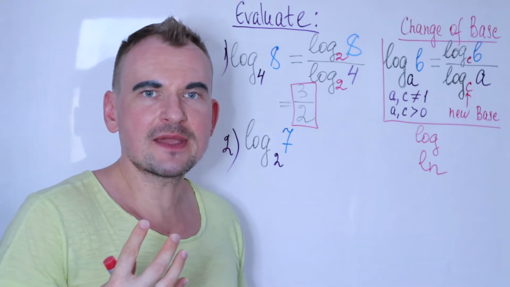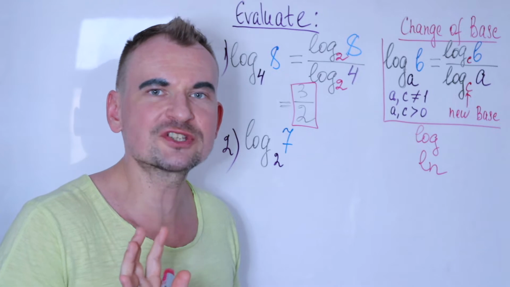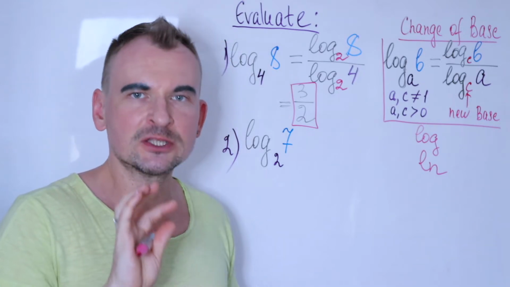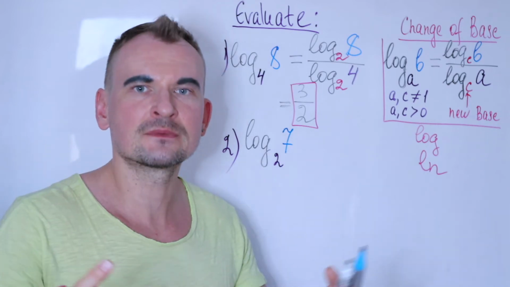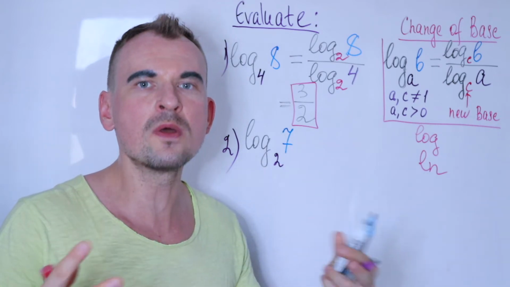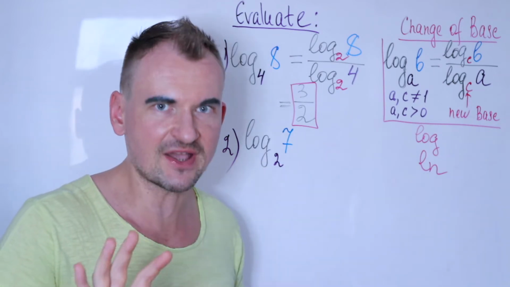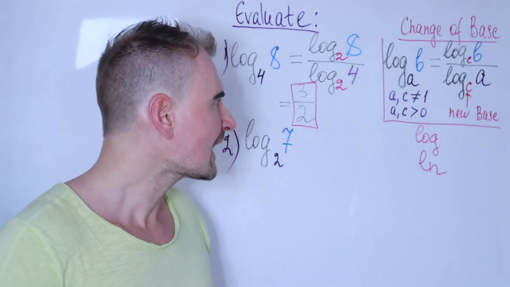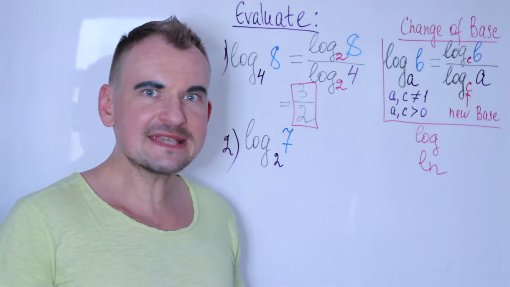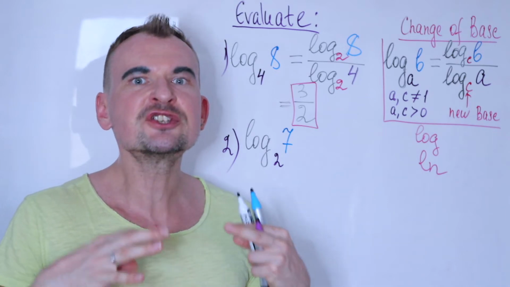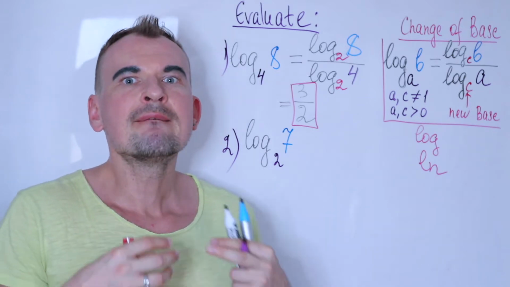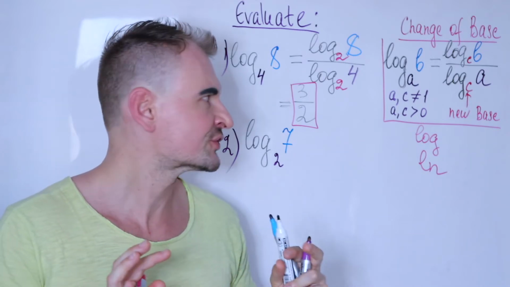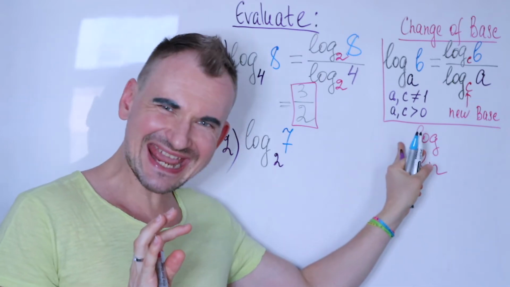It's a special number in maths, approximately 2.71 and so on. It keeps going on forever. It's an infinite, non-repeating decimal.